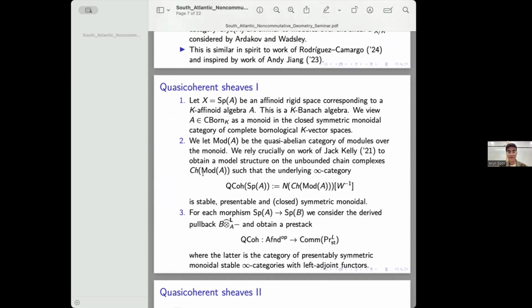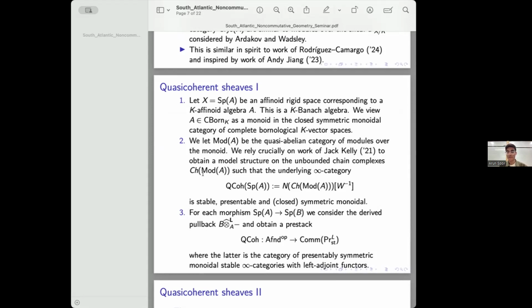Firstly, we start off with an affine rigid space. Affine rigid spaces we can just think of as the opposite category to affine algebras, and an affine algebra is a K-Banach algebra. Banach spaces embed into the category of bornological spaces.